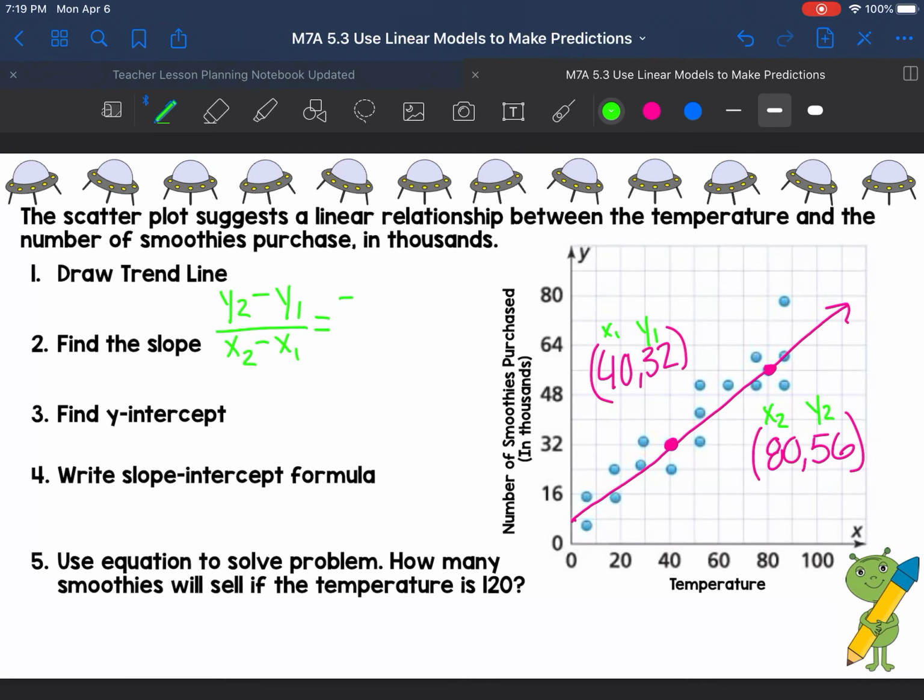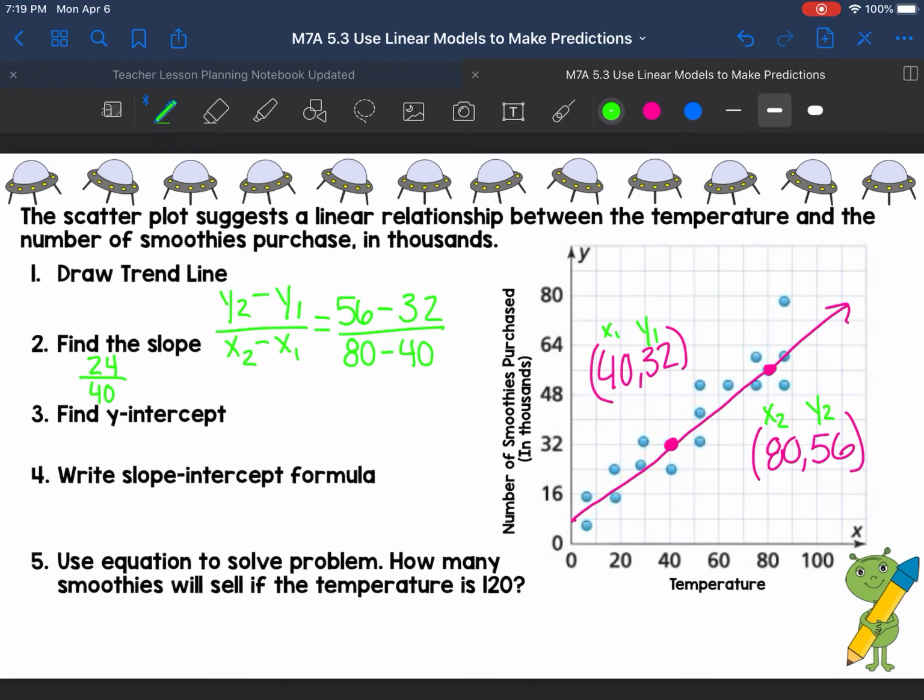Just like before, we're going to plug our numbers in. y2 is 56, y1 is 32, minus x2, which is 80, and x1, which is 40. So 56 minus 32, I'm going to put 24. 80 minus 40 is 40.